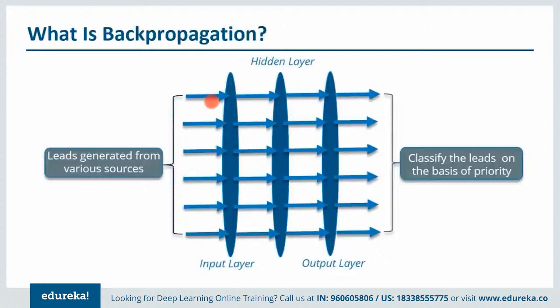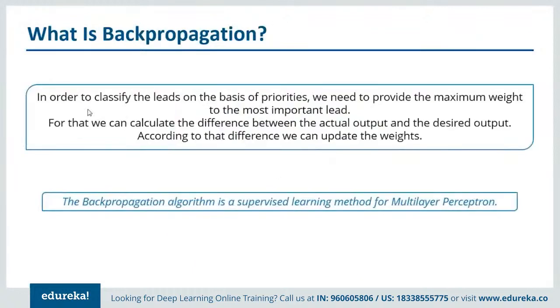How am I going to do that? First, we'll see the output. Then accordingly, we'll calculate the error. And based on that error, we are going to update the weights. This process is nothing but backpropagation in a nutshell, although the algorithm is pretty complex. So in order to classify the leads on the basis of priorities, we need to provide the maximum weight to the most important lead.